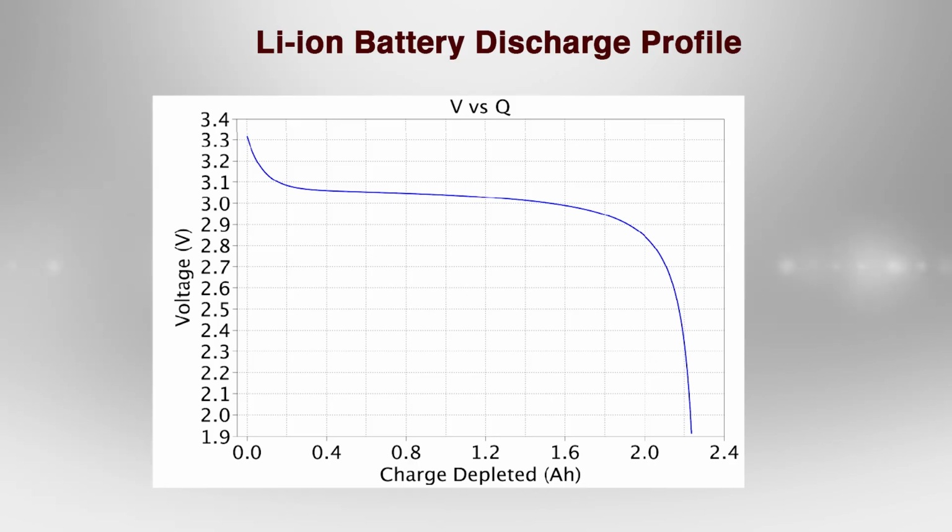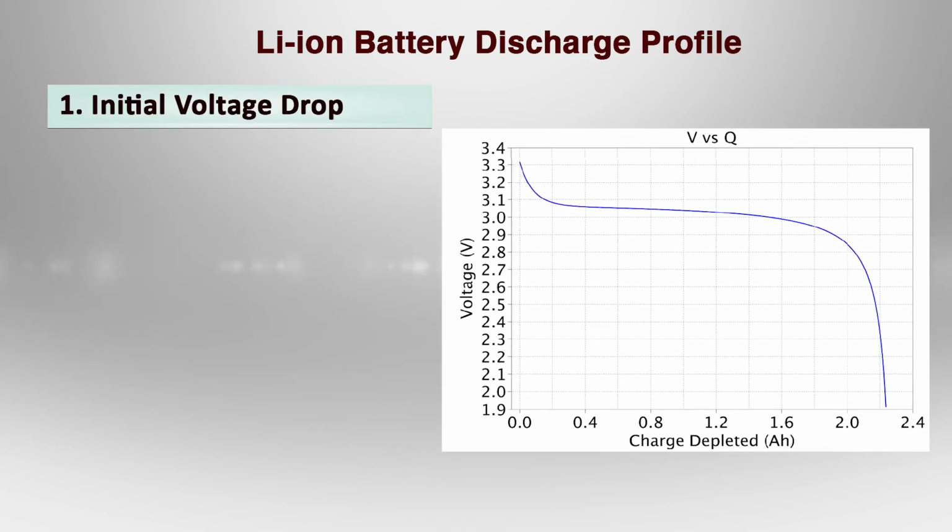The first region is known as the initial voltage drop. During this region, the voltage decreases once a load is connected to the battery pack. It is a sudden drop, from 3.3 to approximately 3.1.